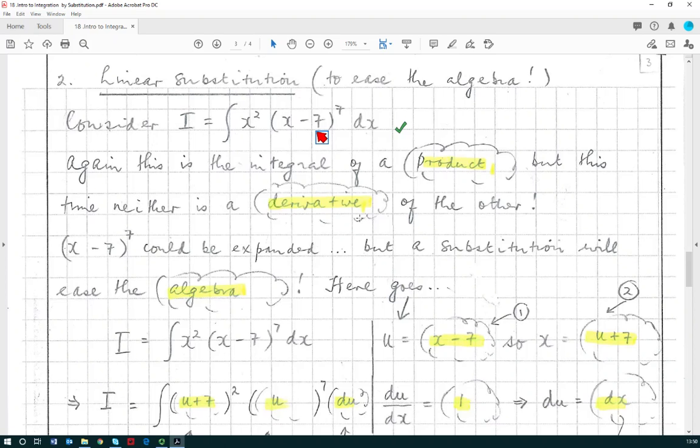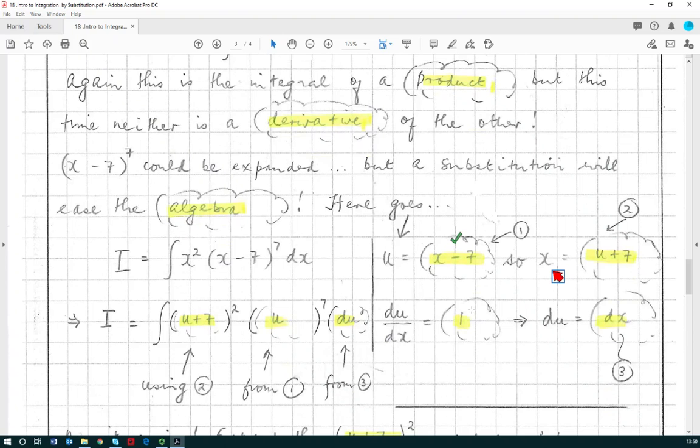Rather, let's make a substitution. I'm going to let u be equal to x minus 1, and I've made that note over here. Now remember the three words: everything must go. So what will x squared be if that's u minus 1? Well, let's take it slowly. Firstly, what will x be?